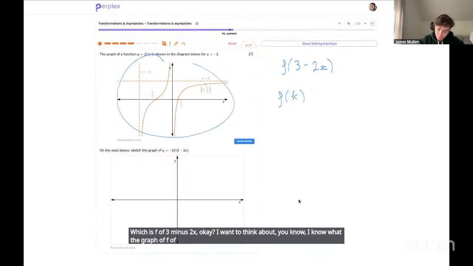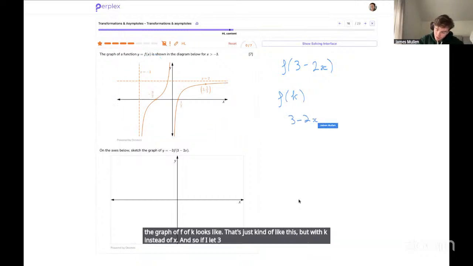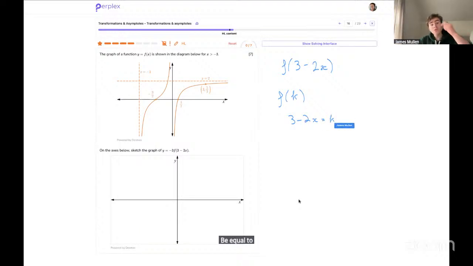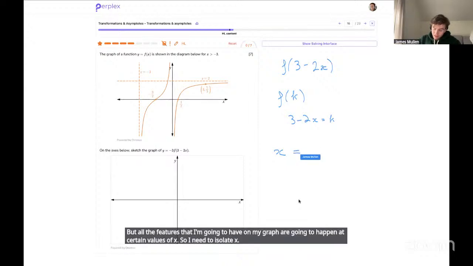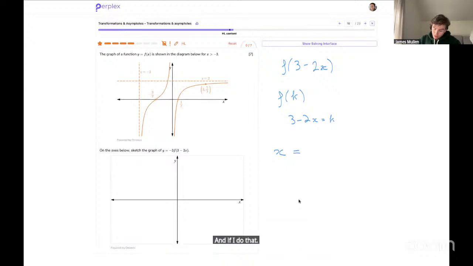That's just like this, but with k instead of x. And so if I let 3 minus 2x be equal to k, those are the values that I'm plugging into f. But all the features that I'm going to have on my graph are going to happen at certain values of x. So I need to isolate x. And if I do that, I will get 3 minus k over 2 is the x value.